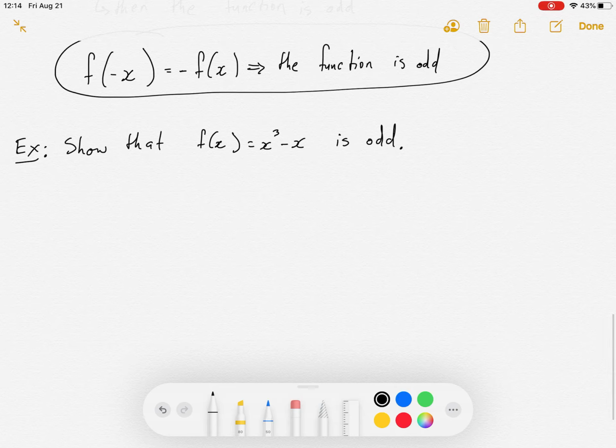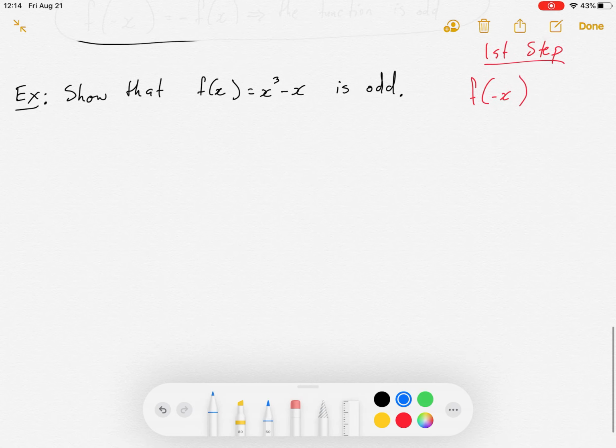Now, regardless of if it's odd or even, your first step, you might want to make a note here, your first step is to always do this, f of negative x. Notice that in each of the rules, we eventually have to do f of negative x anyways. So always figure out what f of negative x is first. So if I was doing this problem as a student for Mr. Edwards, I'd say, all right, the first step I'm going to do is f of negative x. Replace all the x's. And at this point, hopefully, we're starting to become experts at this.